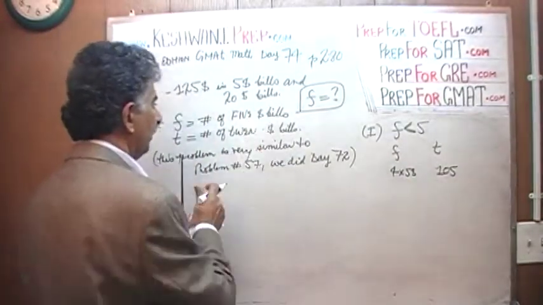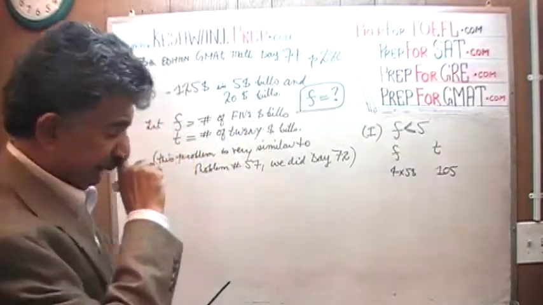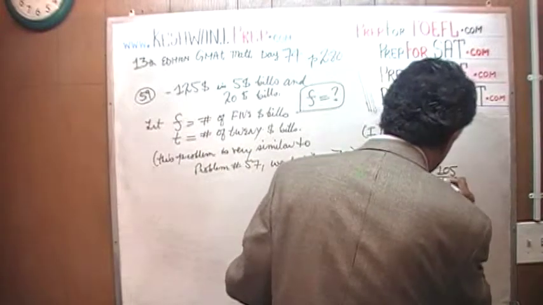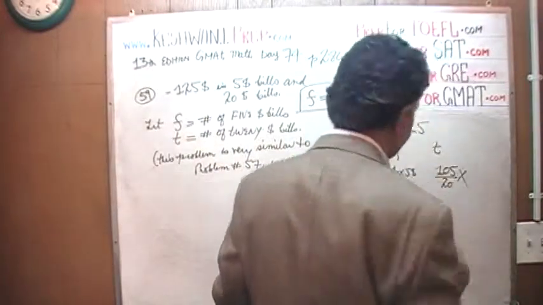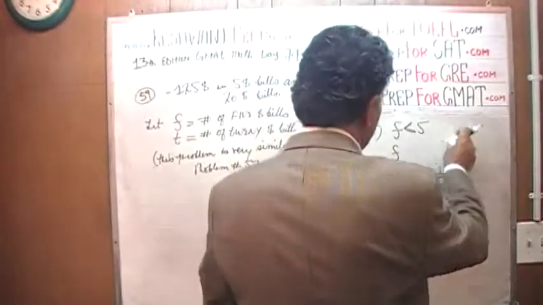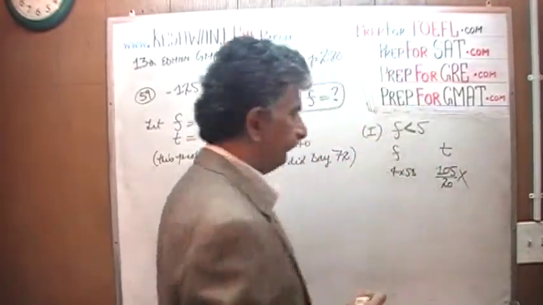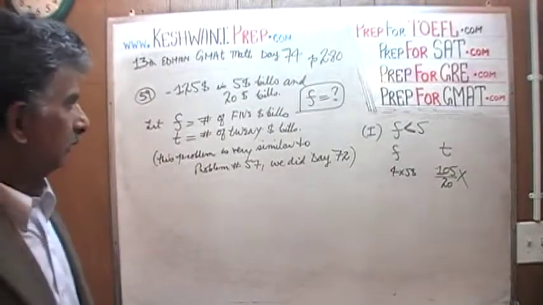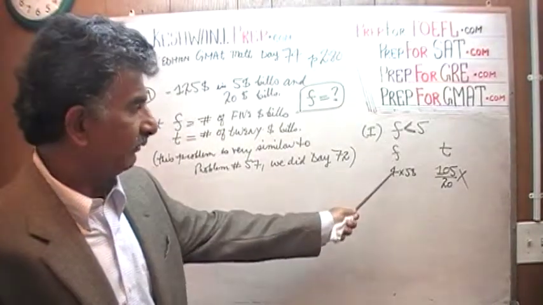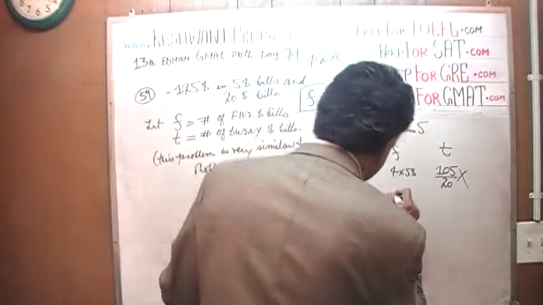I know I'm no good at spelling, but this is too much. Since T represents the number of $20 bills, 105, if we were to divide it by 20, it does not work. 105 does not divide evenly into 20. So that's not possible. Now, since the 4 did not work, let's try 3.